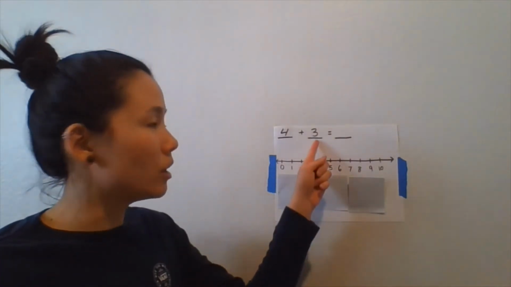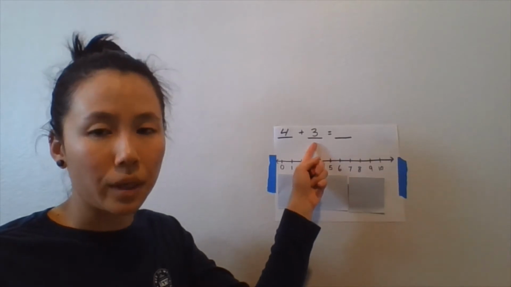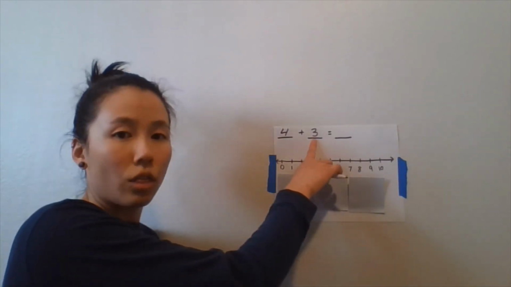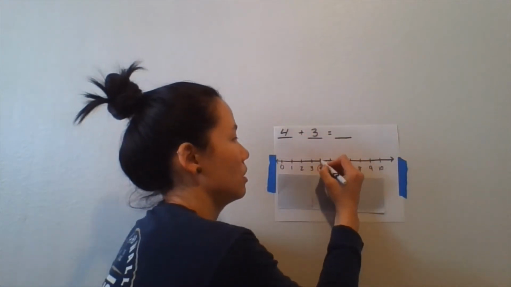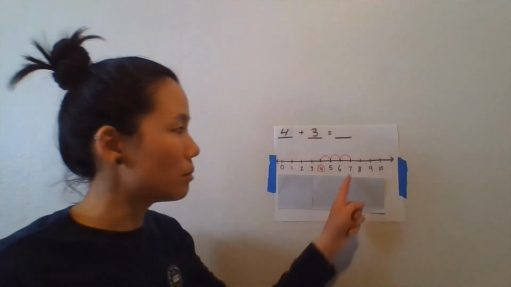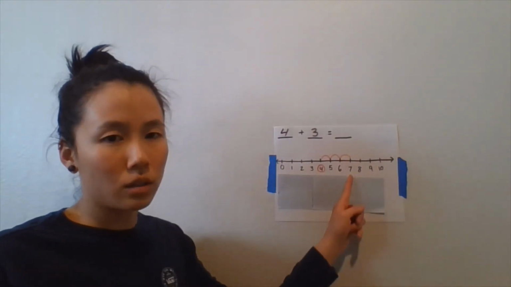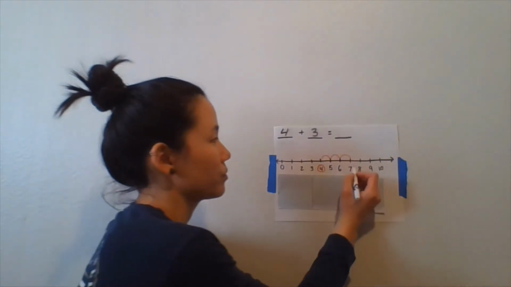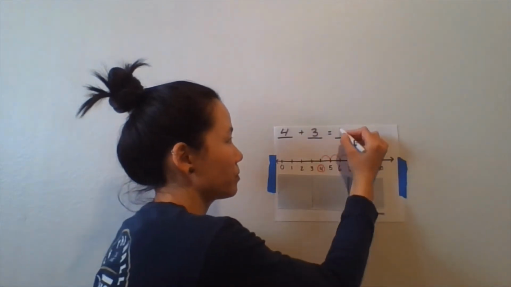Okay. And then I know that the smaller number is the number of jumps that I'm going to take. So if I start at 4 and I'm going to take 3 jumps, 1, 2, 3, my answer is going to be 7. There's my answer.